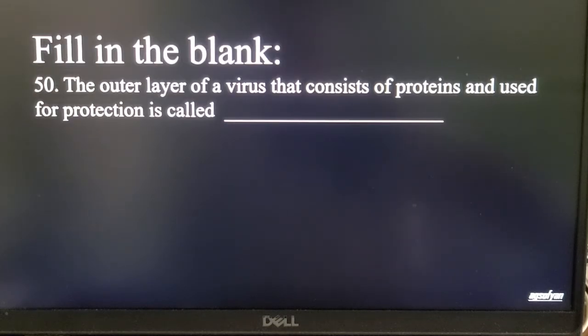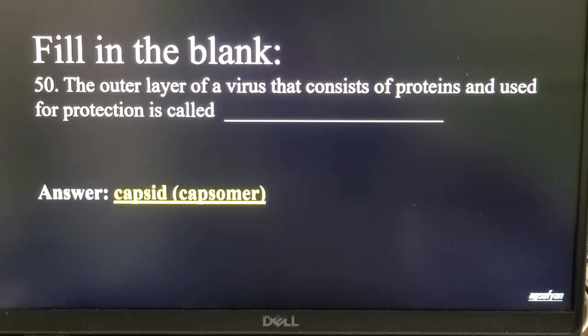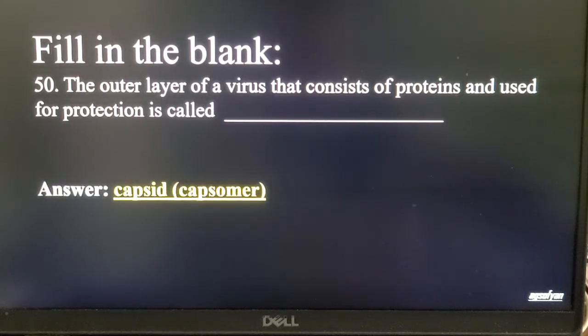Number 50. The outer layer of a virus that consists of protein and is used for protection is called blank. Write your answer. Yes, it's called capsid. Capsid is actually made of capsomers. A capsomer is a group of protein.